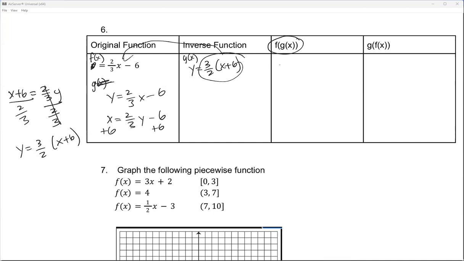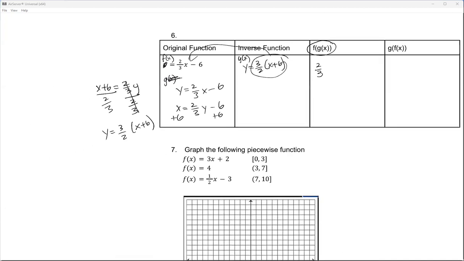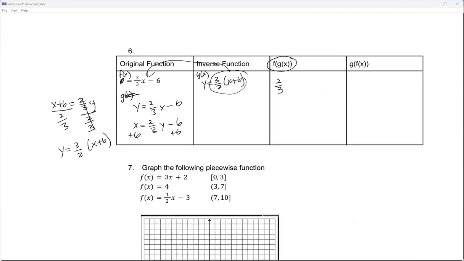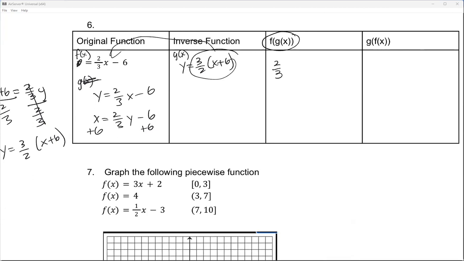So it would be 2/3, and then the x would be, let's multiply this out here. y is equal to 3/2x plus 18 would be 9. So this would be 3/2x plus 9 minus 6. Distribute, this would be x plus 6 minus 6, which will just be x.